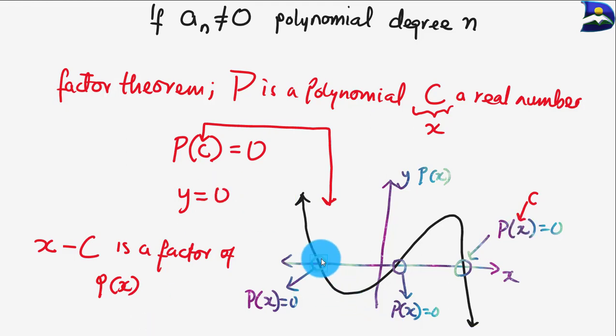And so that is the conclusion that is made based on this particular assumption. If, for example, your c is at the other side of the x, we will say that x plus c is a factor of p at x. So these are the things to keep in mind when it comes to polynomials.